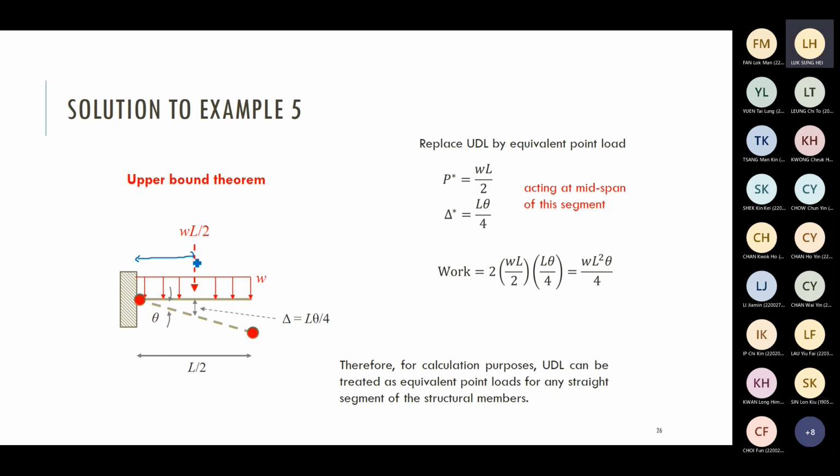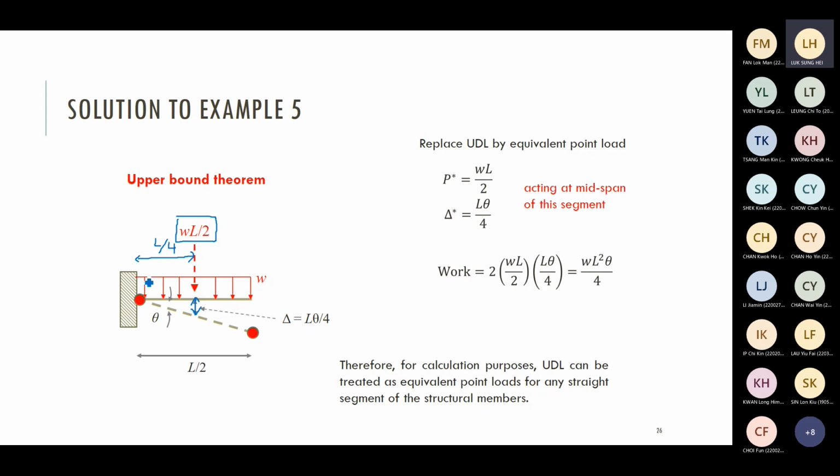The distance here is equal to L over 4. Now, you can see that the concentrated force is equal to WL over 2. The corresponding displacement here, delta, is equal to L over 4 times theta.